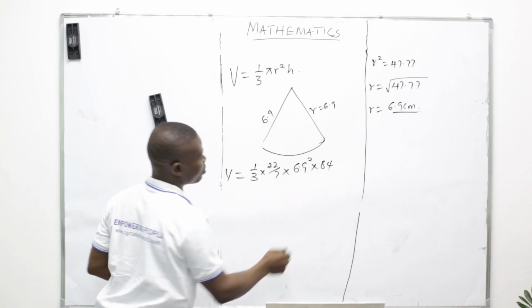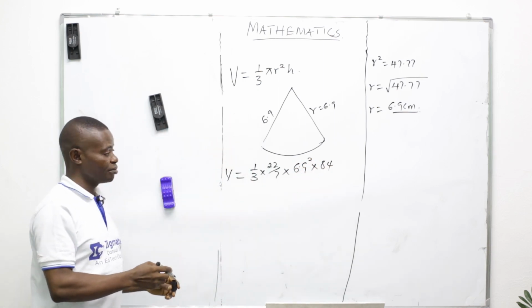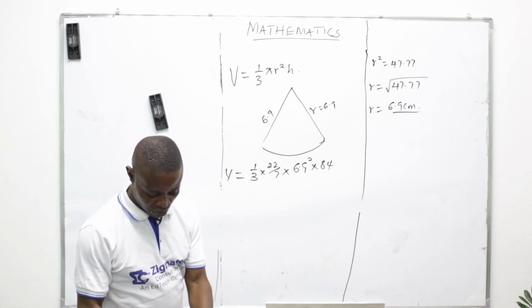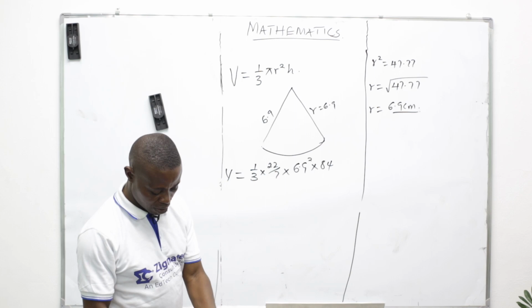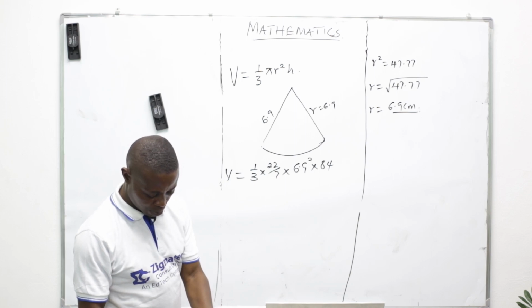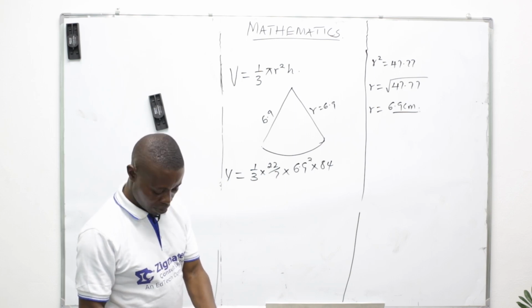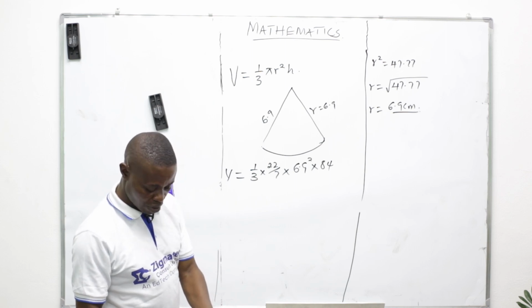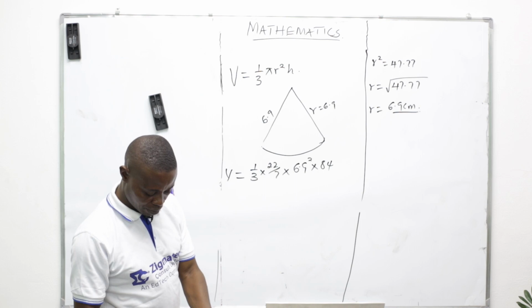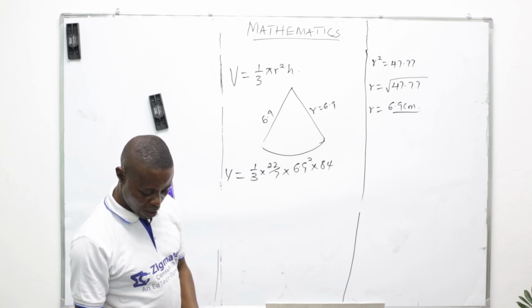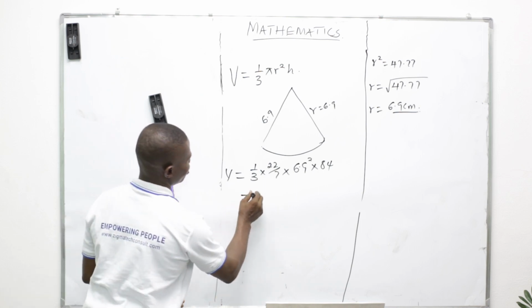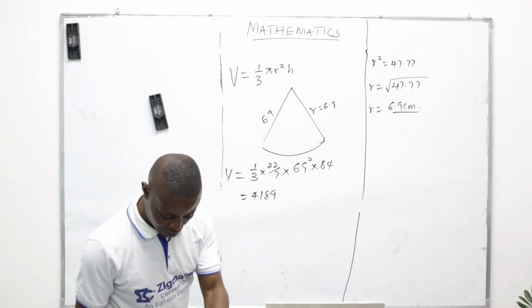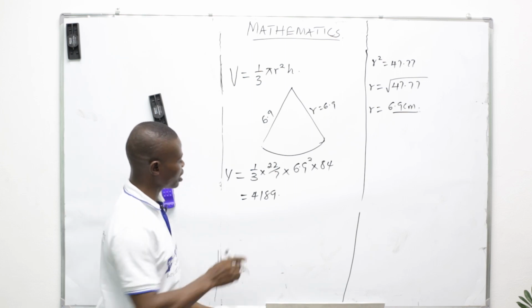The height, 84, and not 24 again. So, we'll have that 22 times 6.9 times 6.9 times 84. You give us this all over 21, 4189.6799.